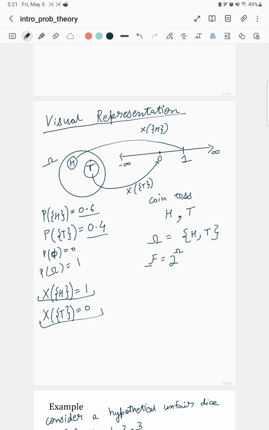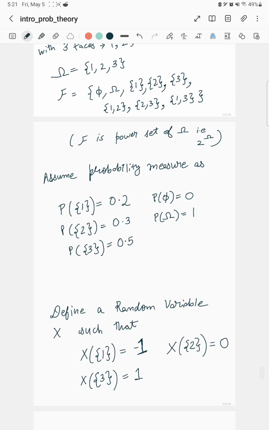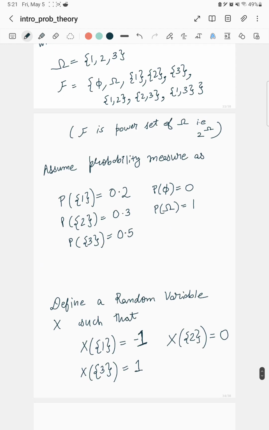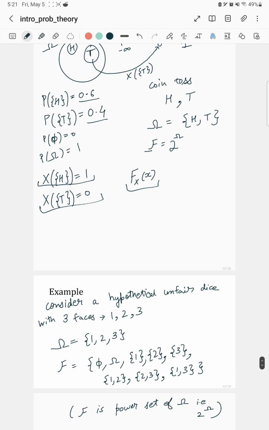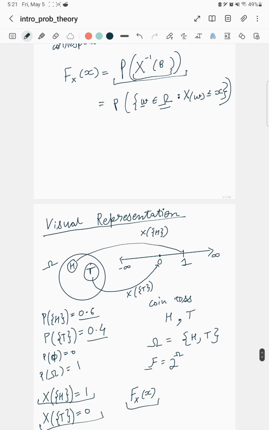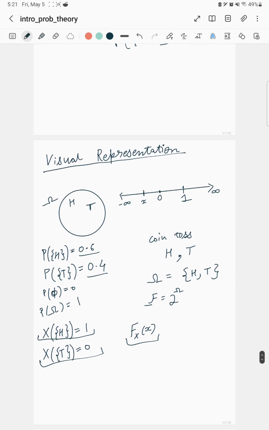Now let's define the cumulative distribution function of x like this. Let's start with taking a few examples. Let's say I have some value of x where x is less than 0.